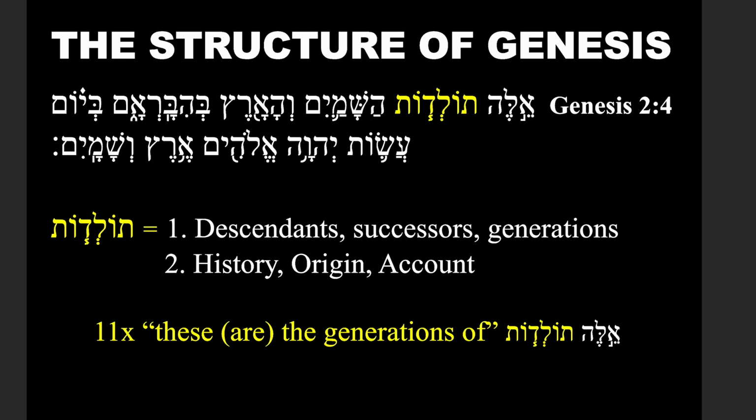Now, there's one interesting passage. There are 10 segments in the book of Genesis with those toledoth, but it's used 11 times. One of them is at the beginning, and the other one's at the end of that section. And it's on Esau of all people.